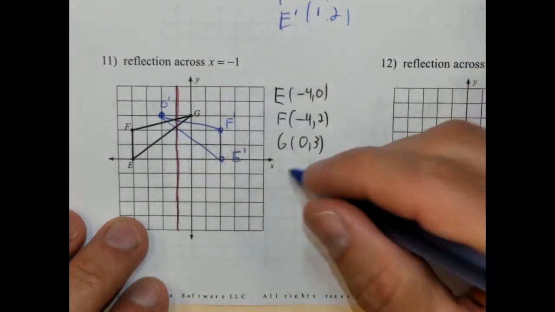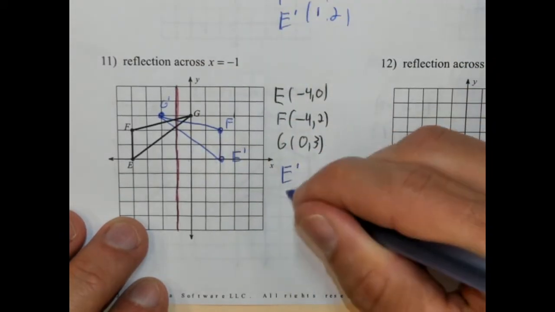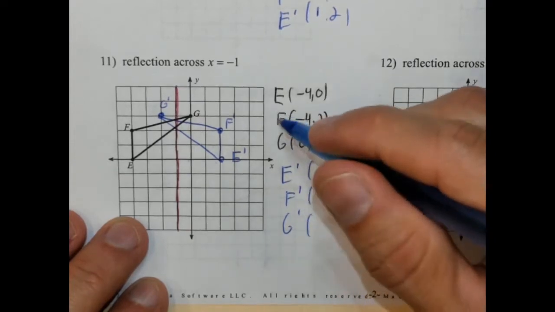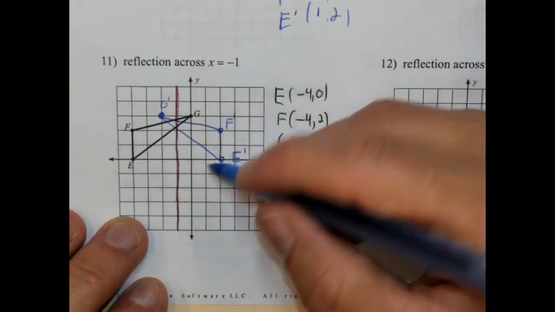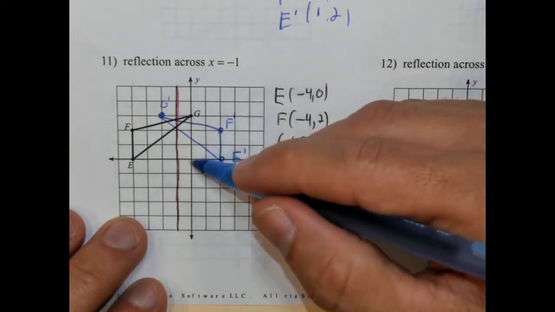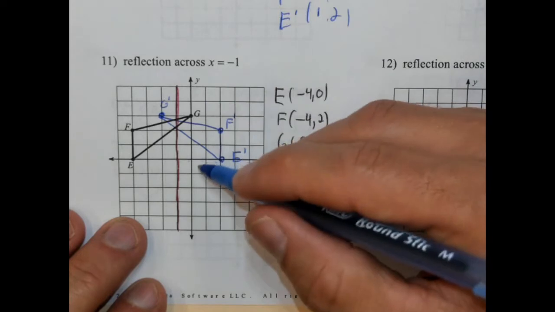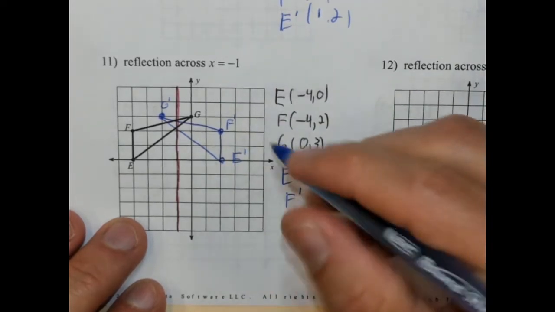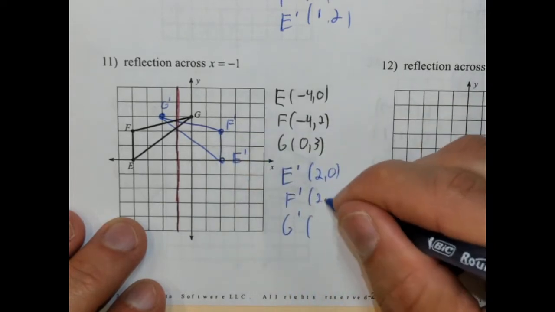We have to write the coordinates now, so E prime, F prime, and G prime. So E prime will be, let's see, it can actually get confusing when you have the lines drawn next to each other. It's easy for your eyes to think this is the axes. So 1, 2, so 2, 0. F prime is 2, 2.